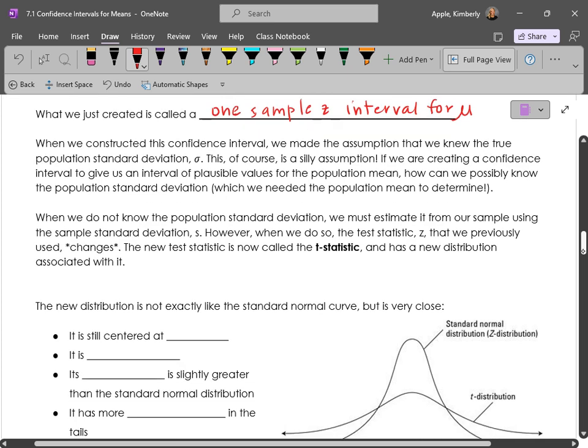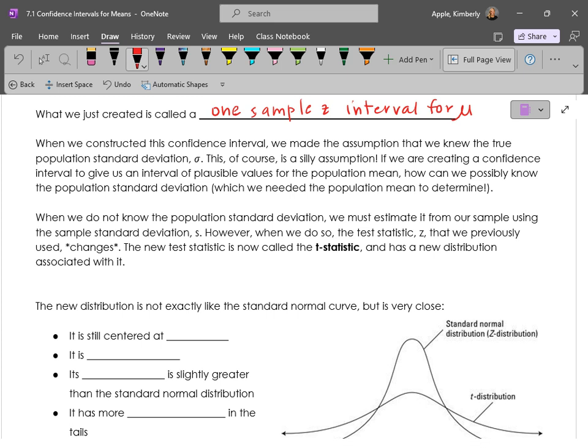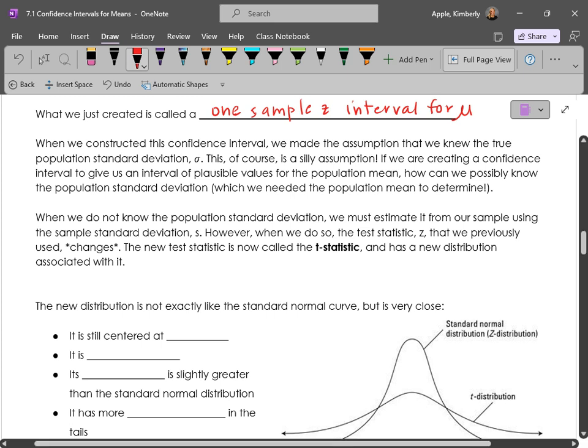And there's a reason that I restate that over again, okay? The basic gist of this entire block of text that's there really for your reference is when we made this interval, we assumed that we knew the population standard deviation, which is absurd, right? Because if we're making a confidence interval, we're never going to know that because we don't know the population mean. We're not going to know those things about the population. That is not reasonable, okay? When we do not know it, we have to take the best estimate for it, and that is the sample standard deviation.